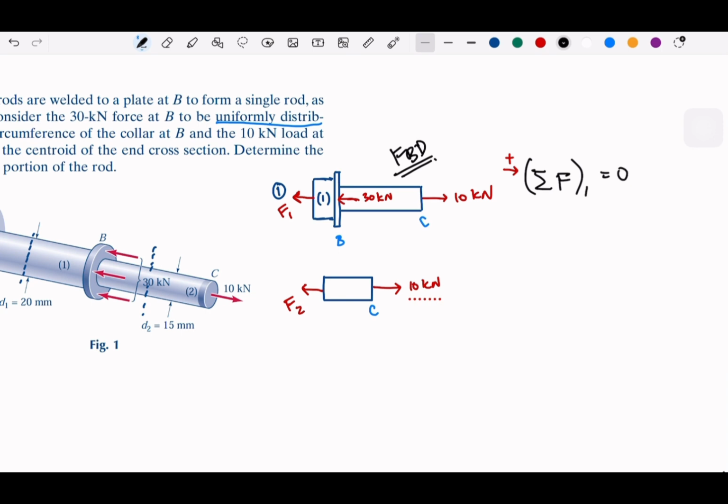This will be equal to 0. So F1 is on the left, so negative F1, negative 30 kilonewton plus 10 kilonewton. So F1 is negative 20.